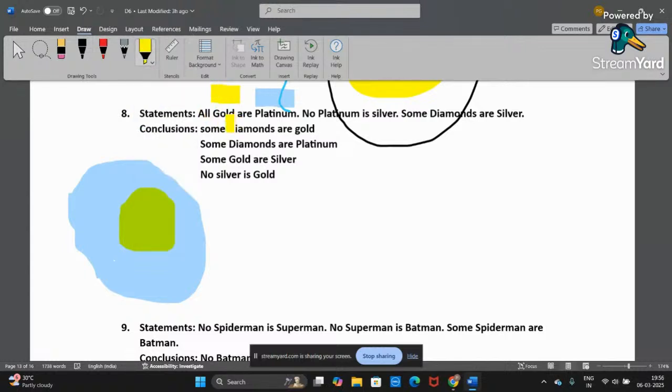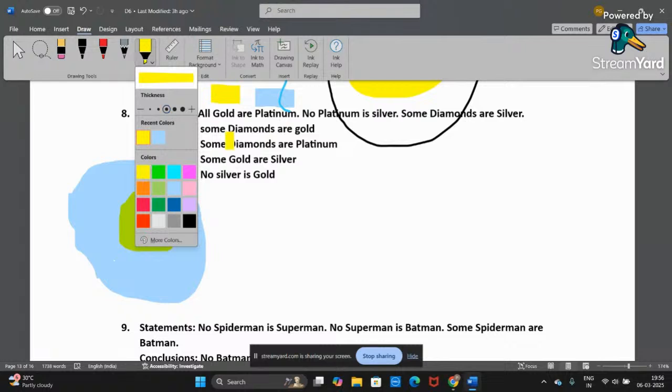I have written here gold in yellow color, this gray color indicates platinum. Fine. Then no platinum is silver.